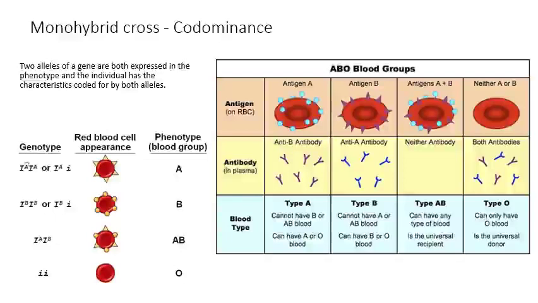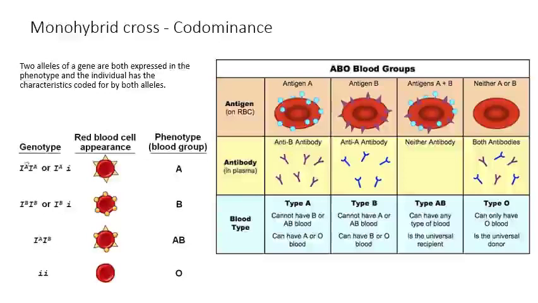Now let's look at our blood group O, our type O. This does not have any antigens on it, but it has both antibodies, which means blood type O will attack any blood that comes from anybody else.